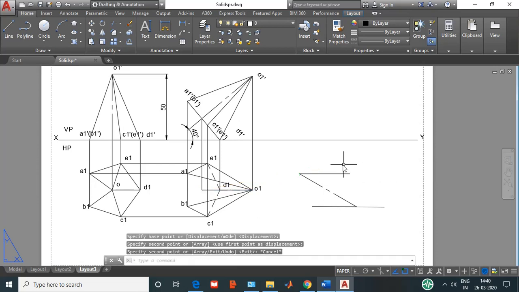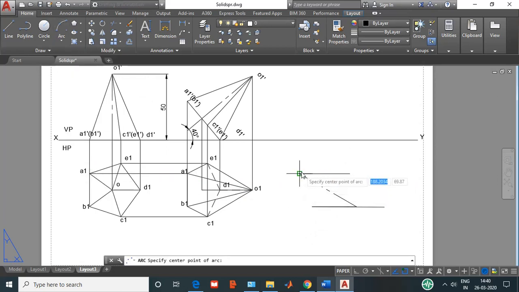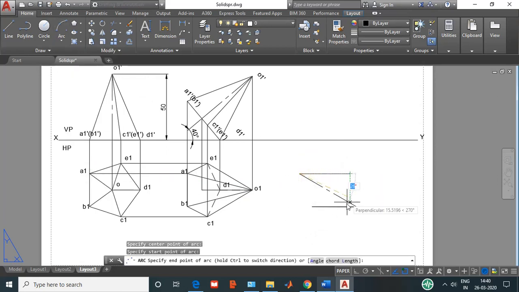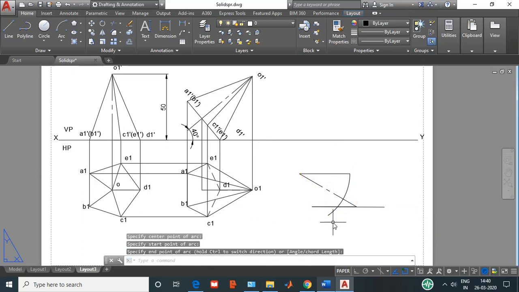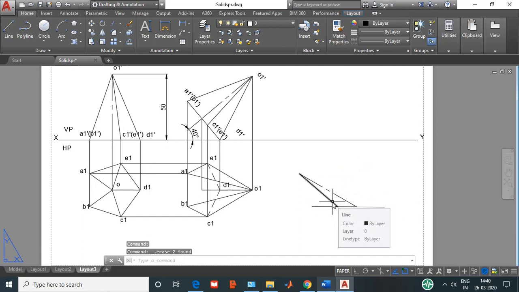For this length I need to cut the arc. I will take arc center start end, hold control and cut the arc. This is where the arc is cutting. I will draw a line from here to this, it should show intersection. Then I will delete this arc and this line, not required. So this is your 30 degree line, and this is your beta angle line.